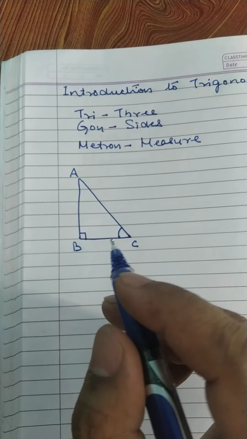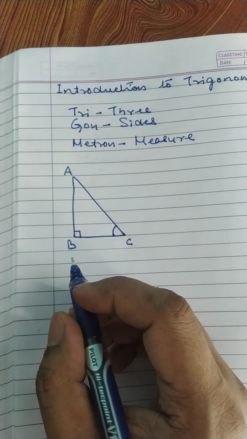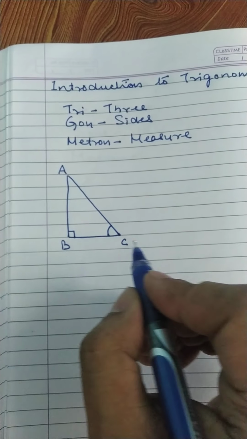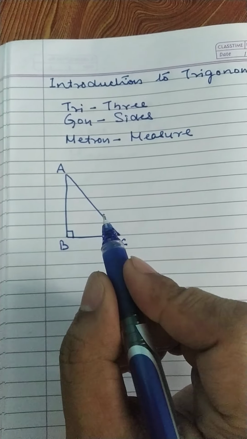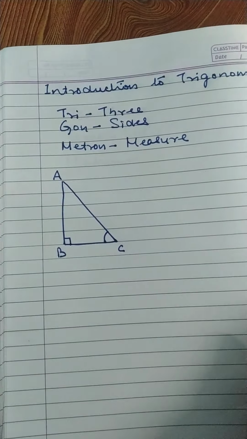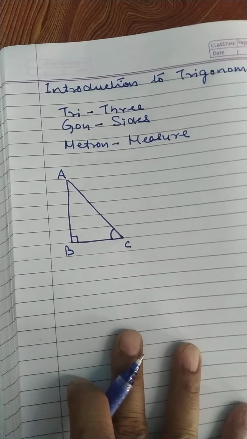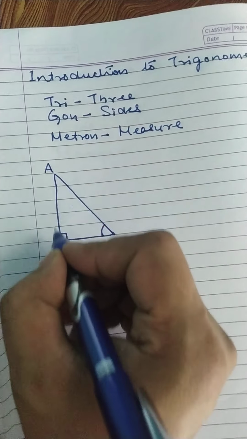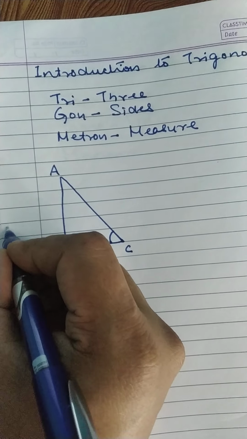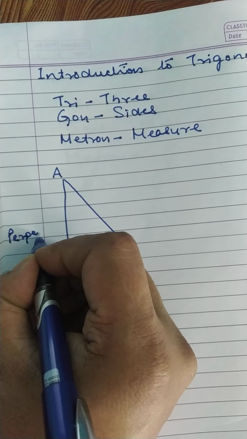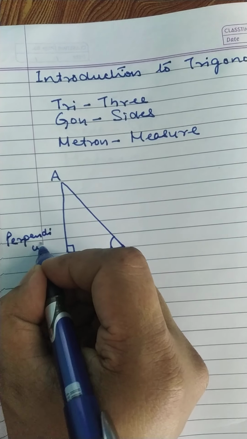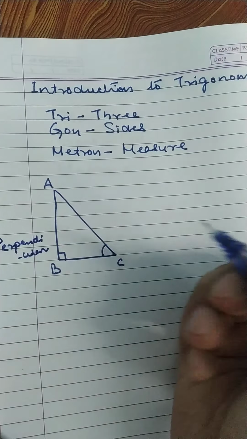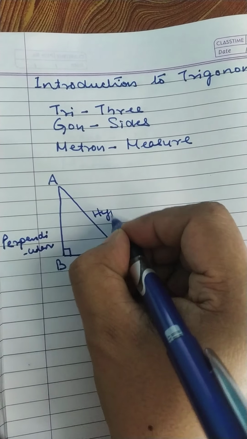So to define those trigonometrical ratios, at first we should see in this right angle triangle what is called hypotenuse, perpendicular and base. With respect to this angle C, this side AB is called perpendicular. And this side AC is called hypotenuse.